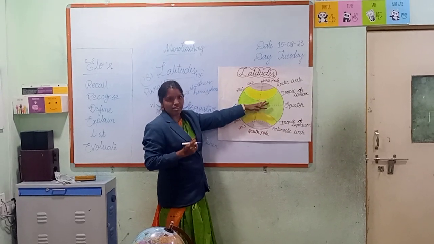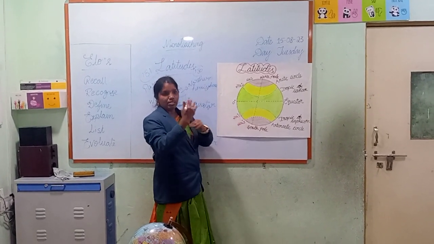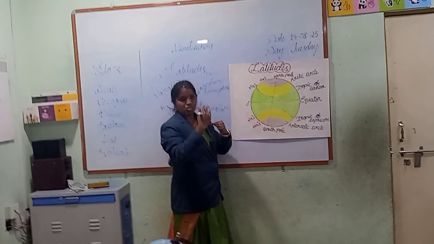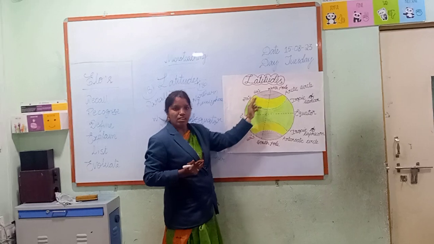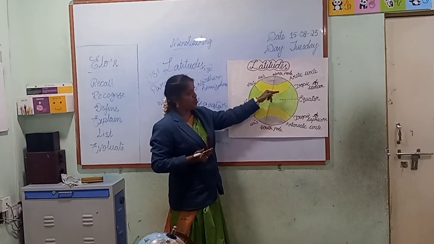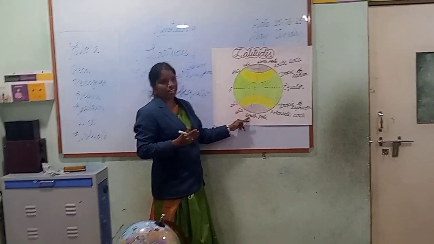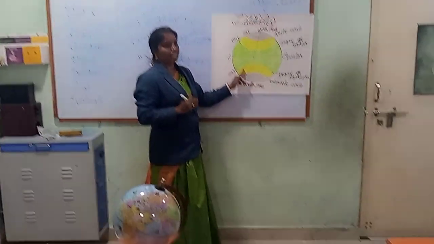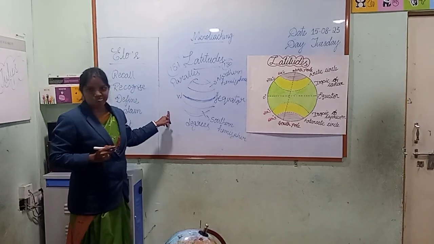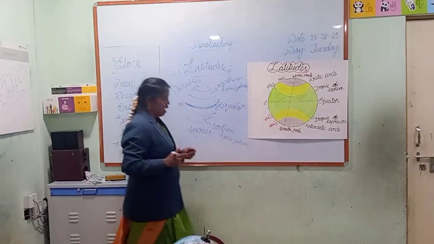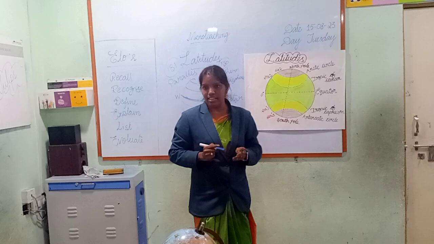These latitudes are very useful to us for measuring the distance from place to place. So from the equator there are 90 in the northern hemisphere and 90 in the southern hemisphere; including the equator, there are totally 181 latitudes.